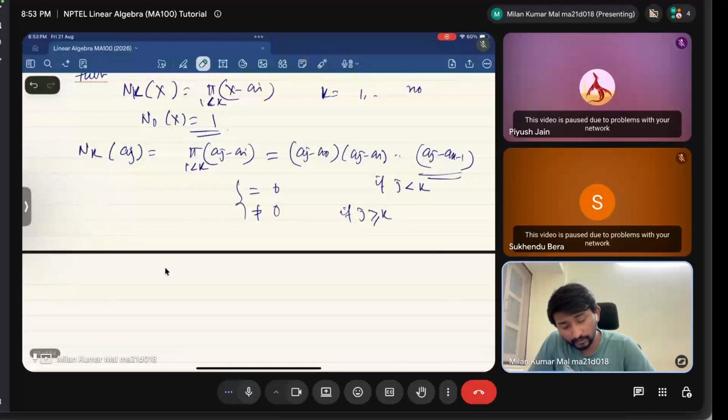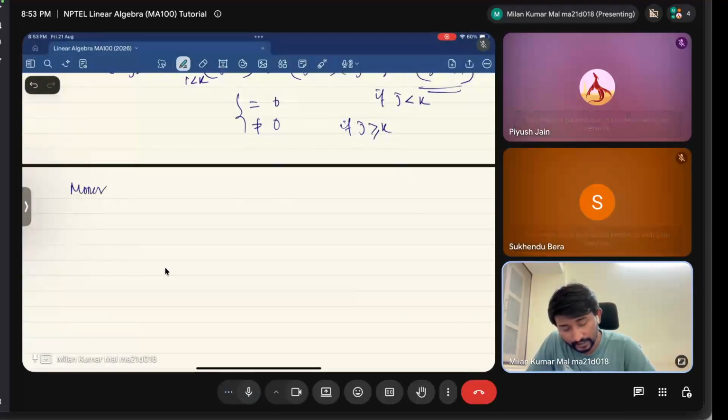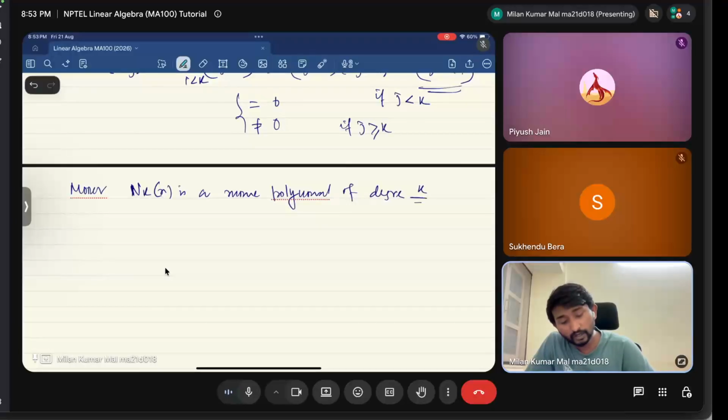Now, moreover, nk(x) is a monic polynomial of degree k. Okay, why a monic polynomial? Because nk(x) is equal to (x minus a naught)(x minus a1) all the way to (x minus a k minus 1).